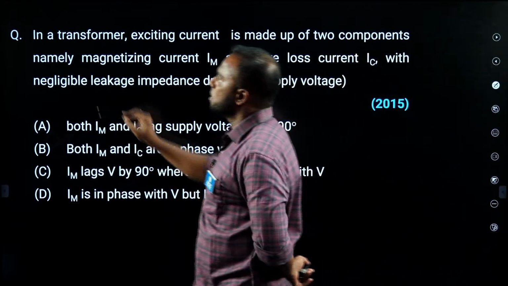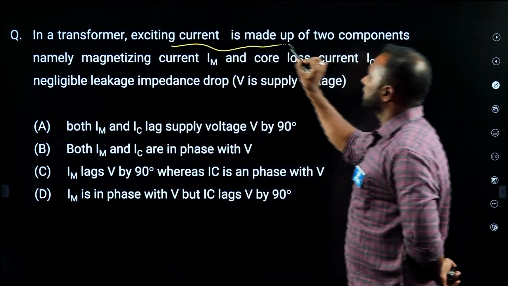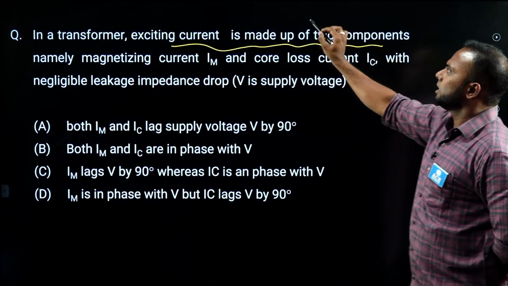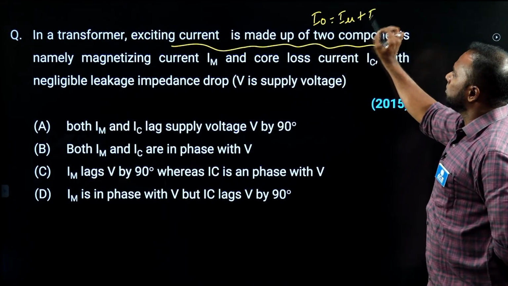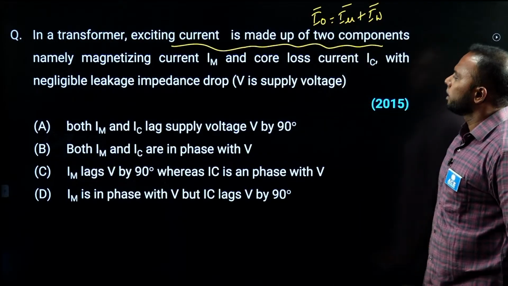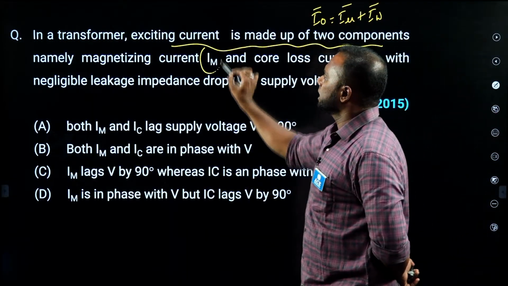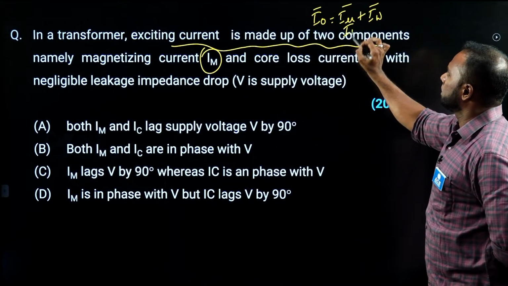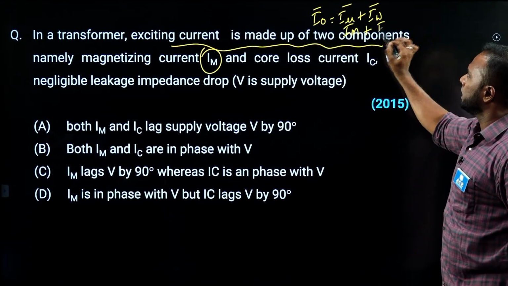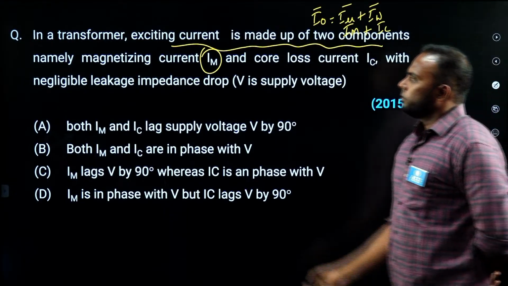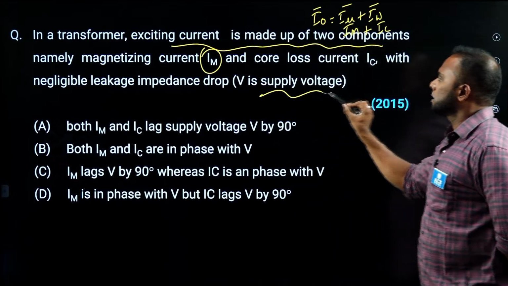What is the answer? In a transformer, the exciting current is made up of, exciting current nothing but no load current. Actually we write it as I mu plus IW, vector addition. Here they have given magnetizing current as IM in place of I mu, and the iron loss component as core loss current IC. Now with negligible leakage impedance, V is the supply voltage.